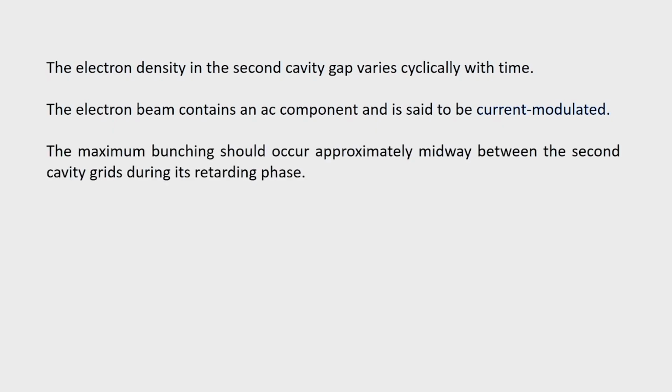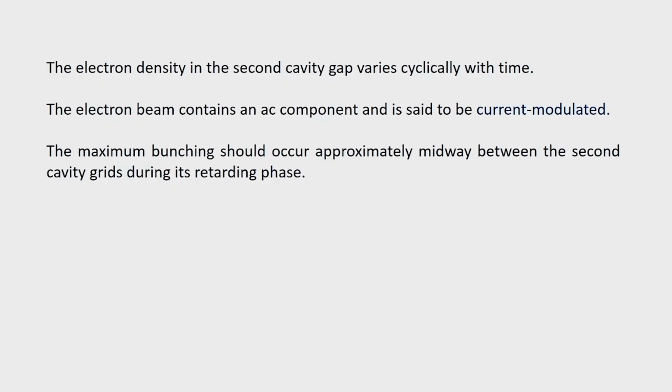Now, if we want the power transfer from the beam to the field in the catcher cavity, the maximum bunching should occur approximately midway between the second cavity grids and during the retarding phase.